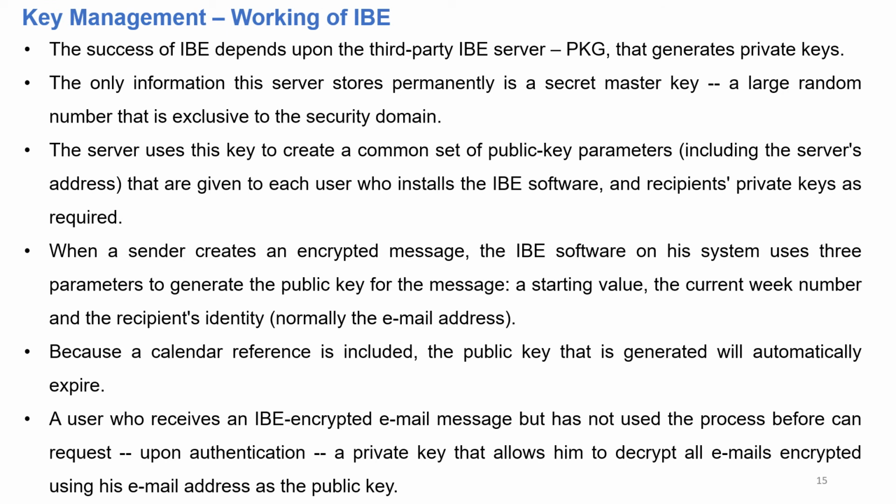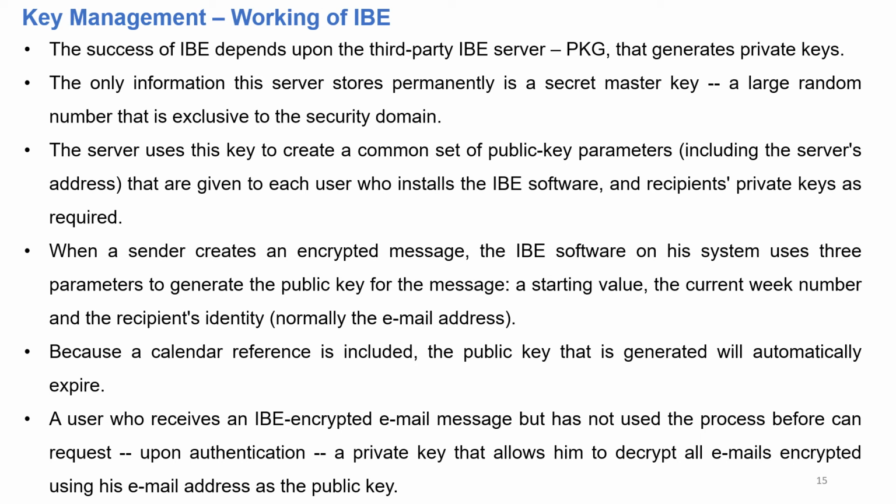So the success of IBE depends upon the third-party server, your PKG, that generates the private keys. The only information that the server stores permanently is your secret master key, which is usually a random large number that is exclusive to the security domain. Then the server uses this key to create a common set of public key parameters, including the server's address, that are given to each user who installs this IBE software.